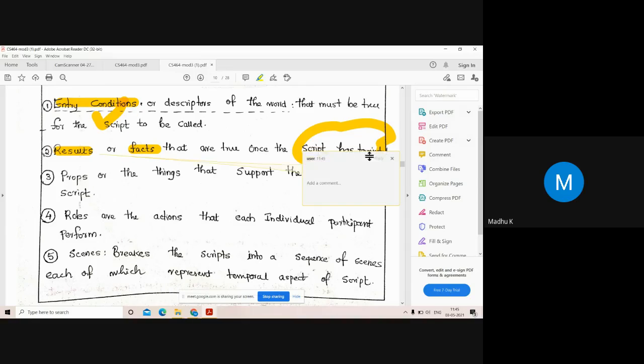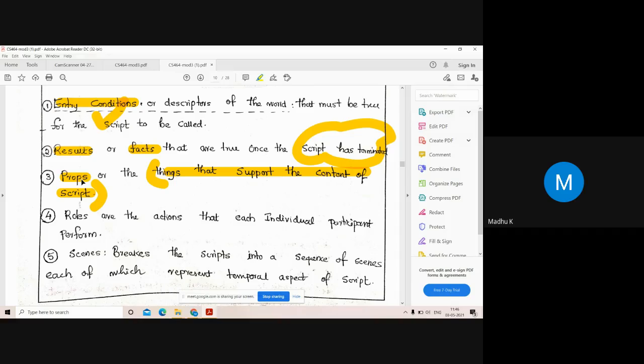Next is props, the things that support the content of the script. What is the meaning of props? Things that support the content of the script are called props.